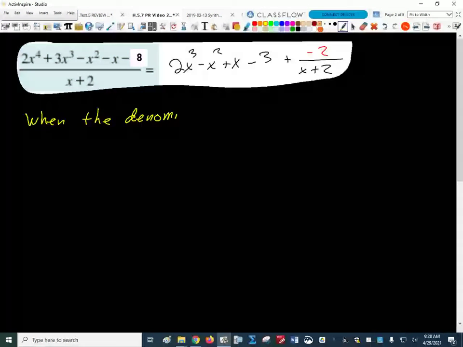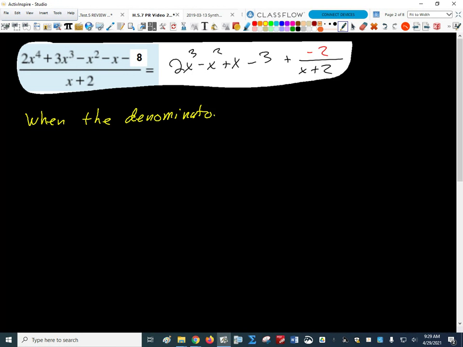When the denominator is linear, so what do we mean by that? The x is just to the power of 1. So it's a first degree polynomial, right? It's got an x term and a constant, and either the constant could be 0.